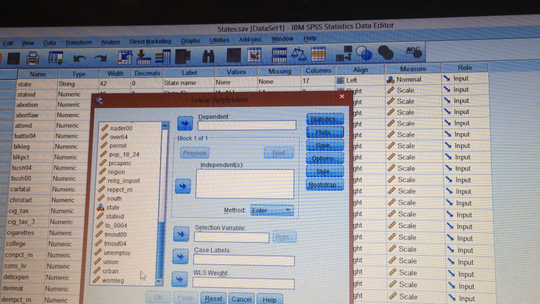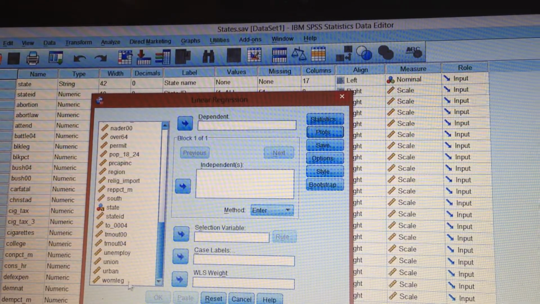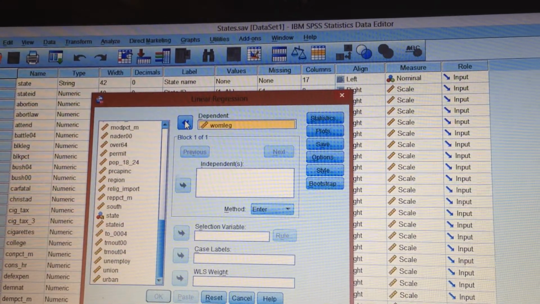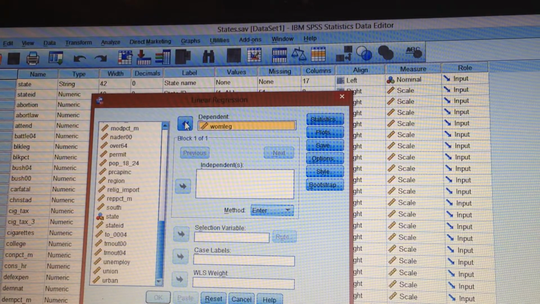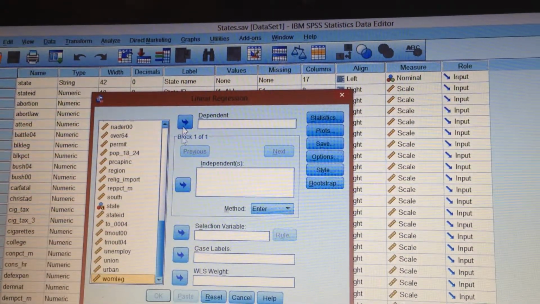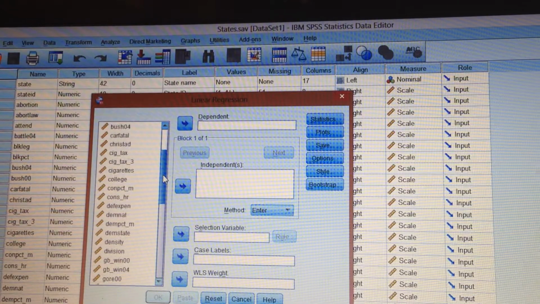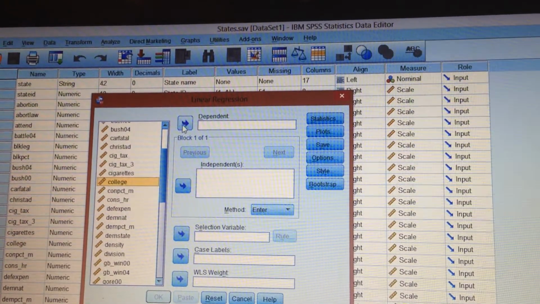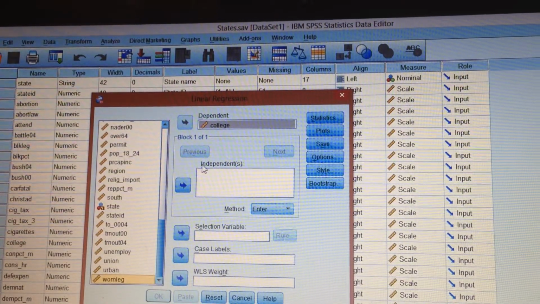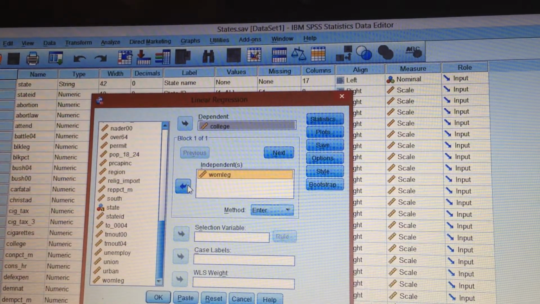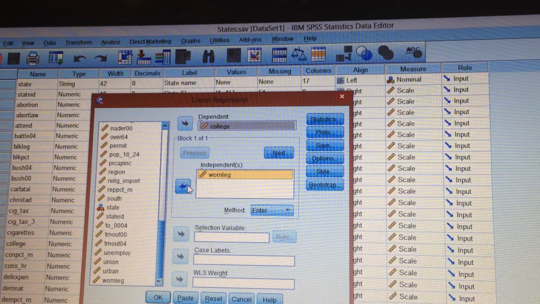I'm using, by the way, the states data set. Let's say that the outcome we want to predict, our dependent variable, is not women legislature. It is the percentage of the population in a state that has a college degree. The independent variable, the thing that we think is related, is the percentage of female legislators.